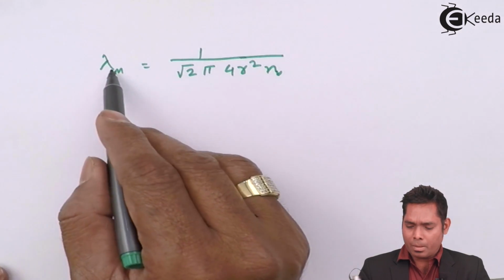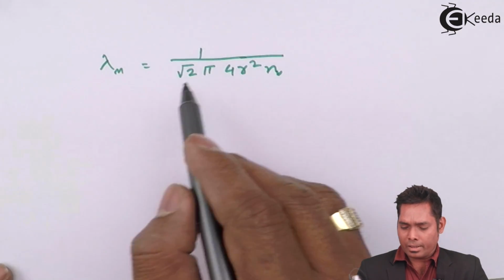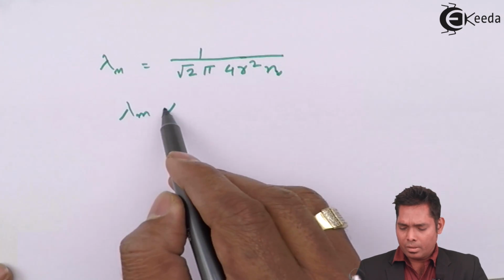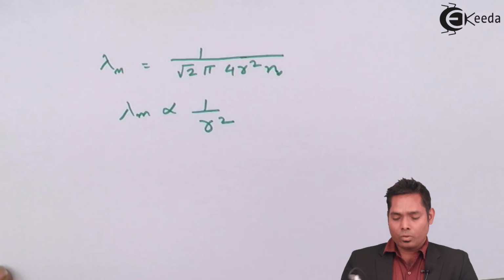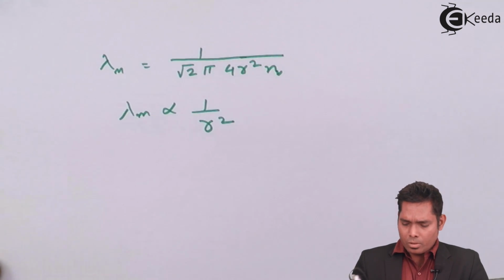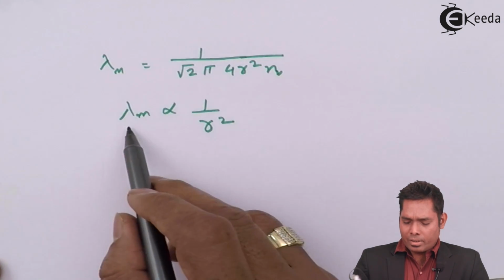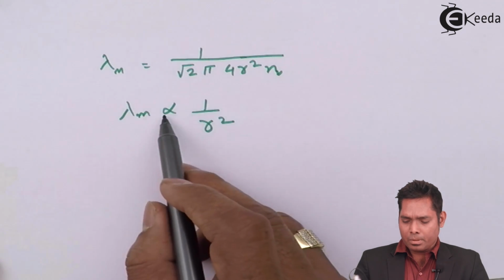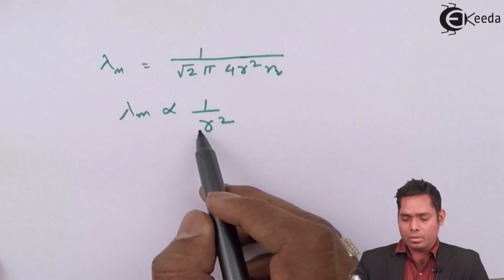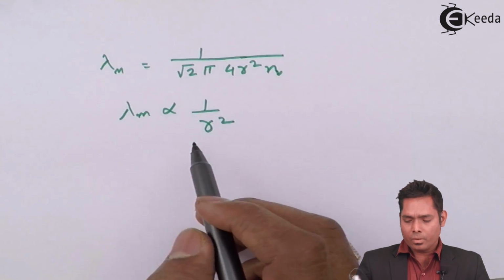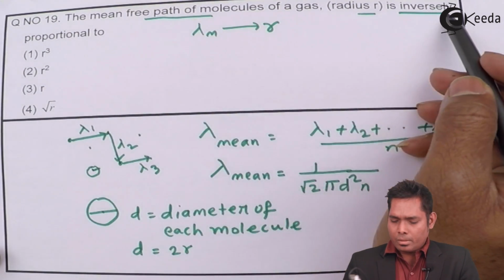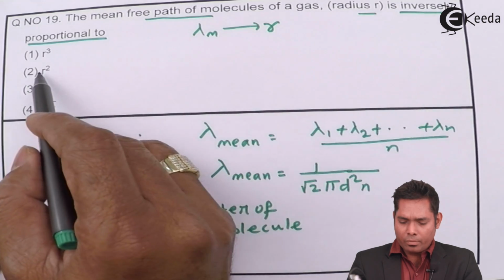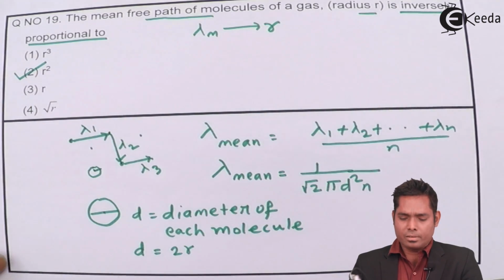You can see that lambda mean is inversely proportional to the square of the radius of the gas molecule. So I can write that lambda mean is inversely proportional to the square of the radius. This is the correct answer.